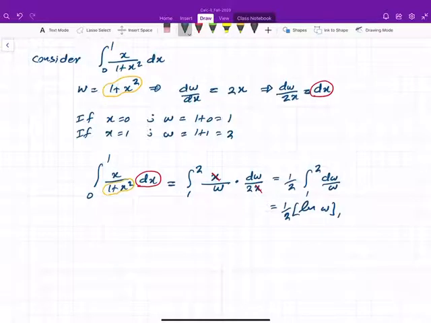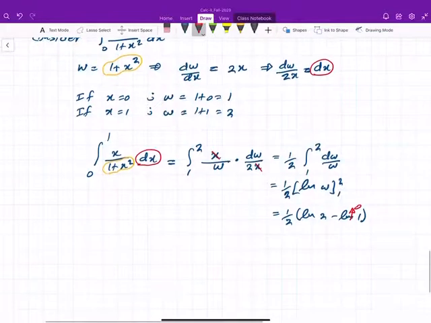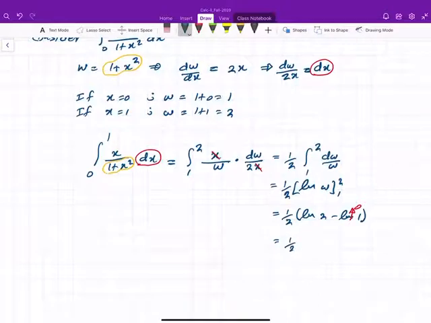The limits are from 1 to 2. First I apply the upper limit, which is ln 2 minus ln 1. Everybody knows ln 1 is 0. Okay, so the integral of that one should be half times ln 2. Okay, take this to be equation number 1.